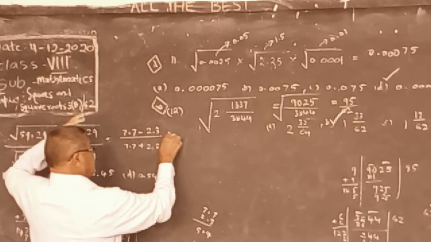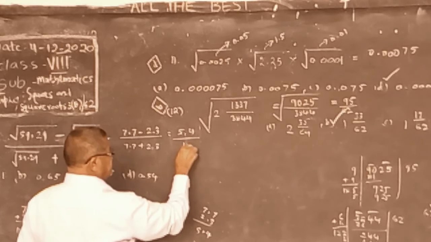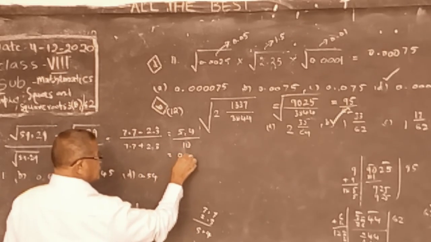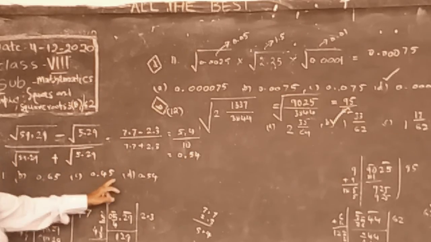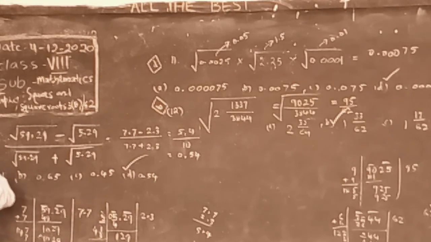Now this is 5.4 by 10. One decimal is there, we can write this as 0.54. Where is 0.54? D. D is correct. So the correct answer is D.